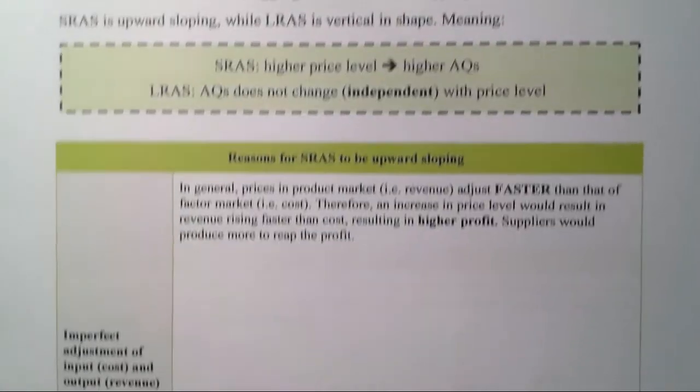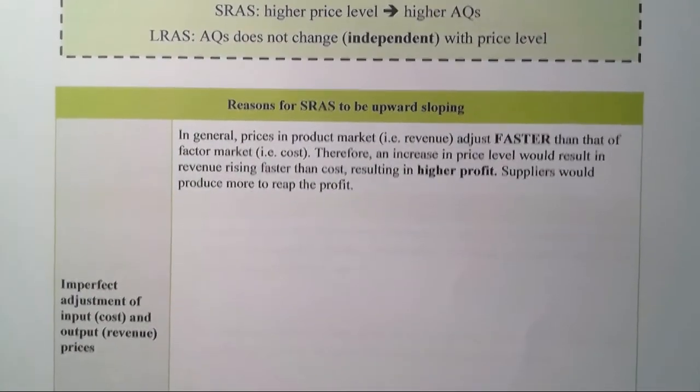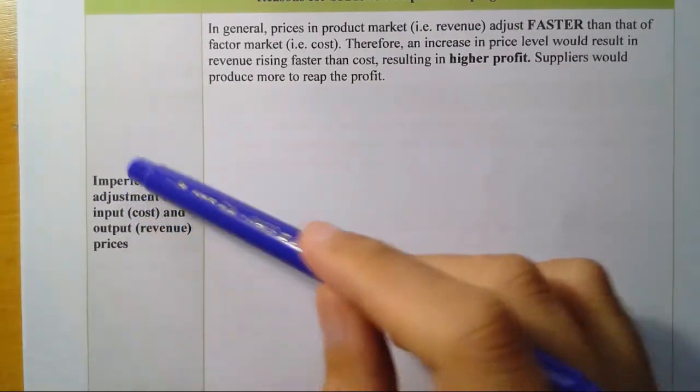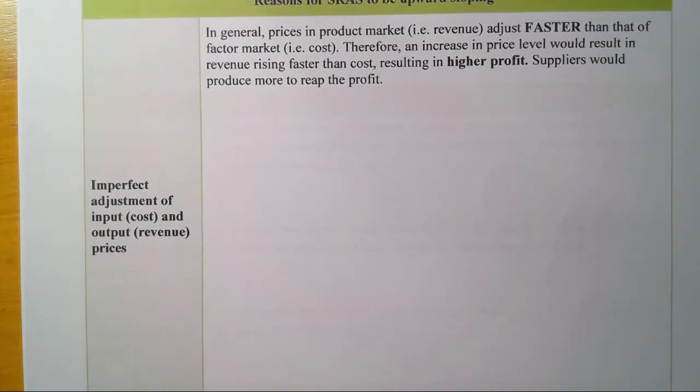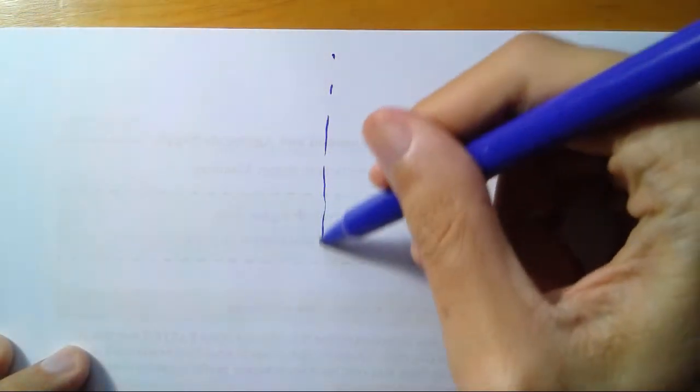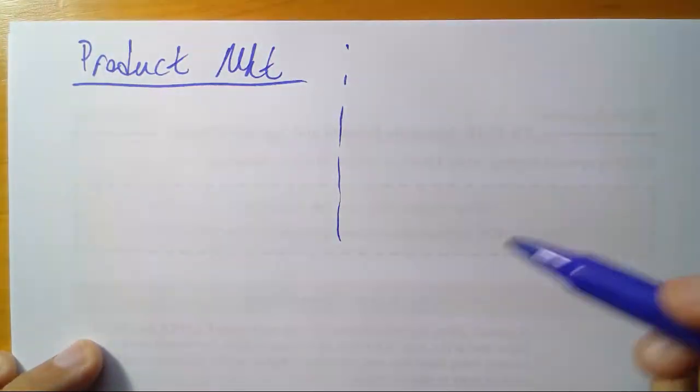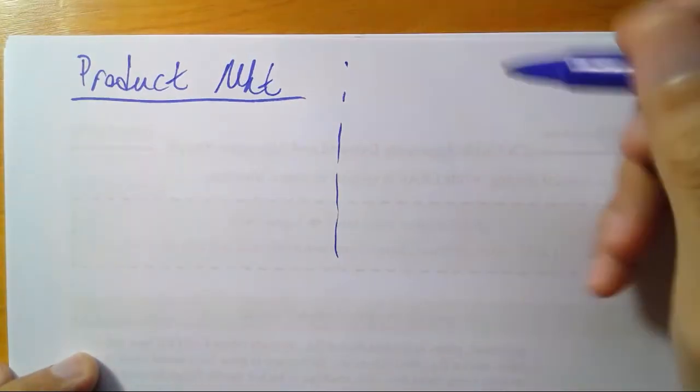Okay, so what is going on here? Now it has something to do with imperfect adjustment of input and output prices. Now let's make a story here. Now remember, in an economy, we have two markets. On one market, we have a product market. For example, Big Mac.